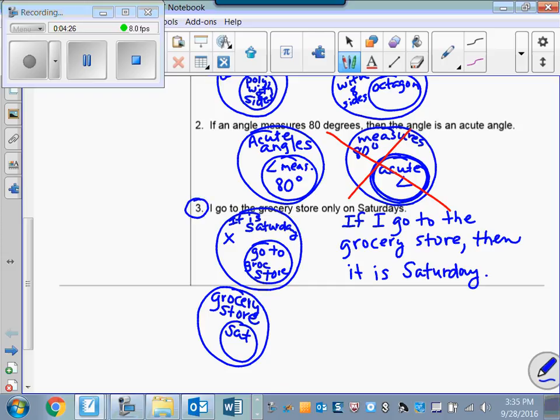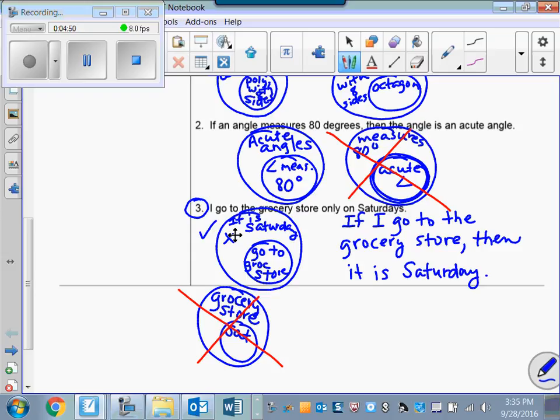But that's not what is being said in my original statement. So just like last time, when we were writing biconditional statements to represent the given statement, we have to be very careful how we represent these statements so our Venn diagram says what the statement says. So this is the one that you want to have here: if I go to the grocery store, then it is Saturday.